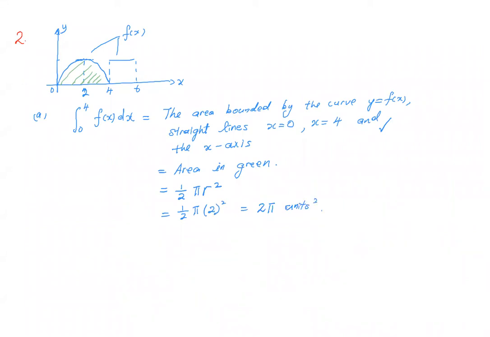Clear? Okay, so can you please do part B by yourself? Learn to write down the meaning. During exam, if I ask, then you write. If I don't ask, you can just give me the answer.